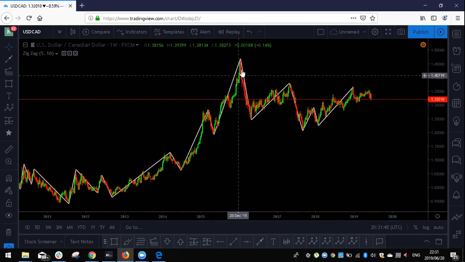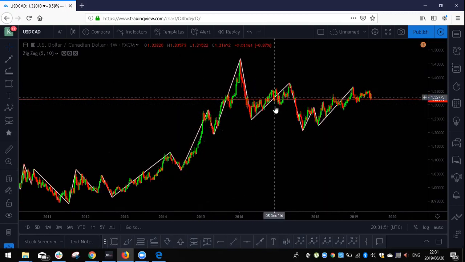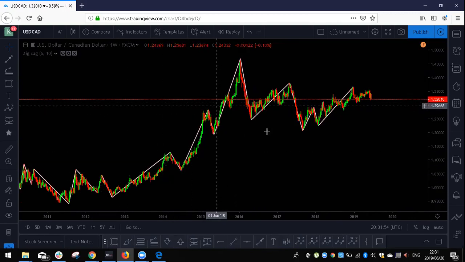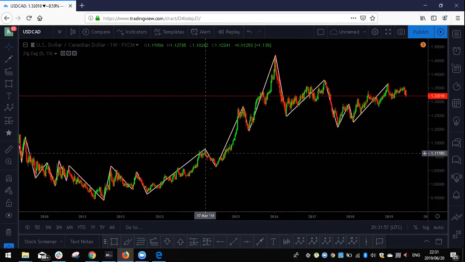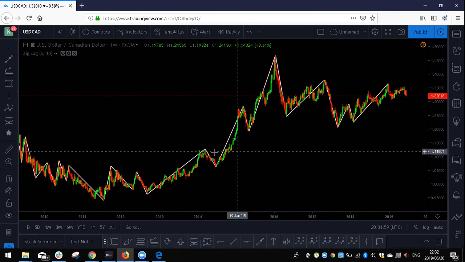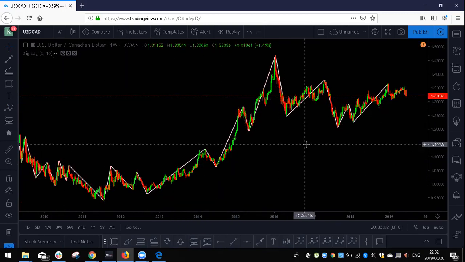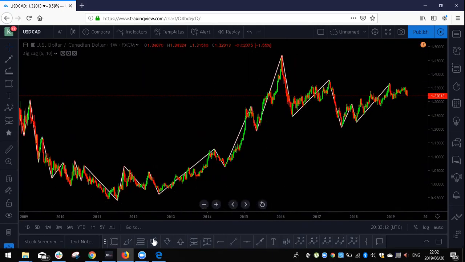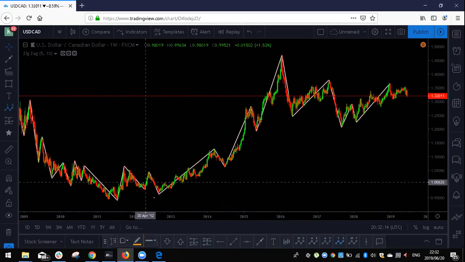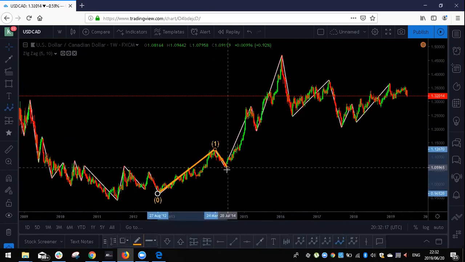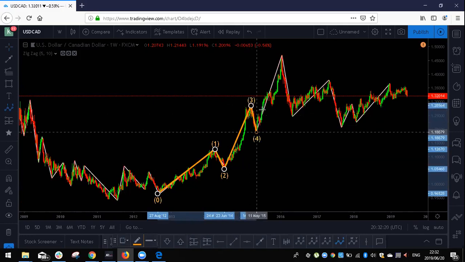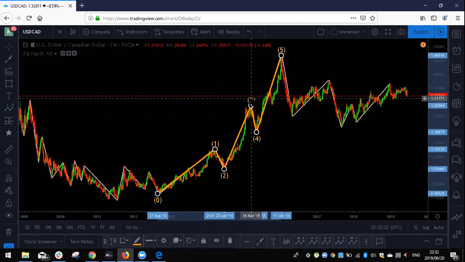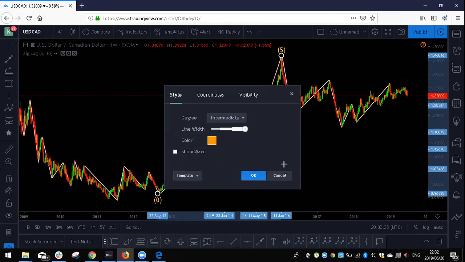You're now ignoring all this noise and just focusing on this line, because now it almost looks like the textbook Elliott Wave. I want to try and draw a 5-wave move. We can first attempt and call this a 5-wave move.